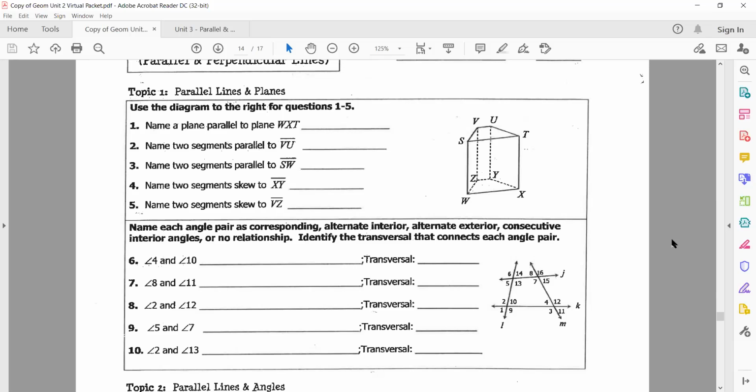What about number 8, angles 2 and 12? What transversal are they on? Okay. Yep. What's the relationship between those two?